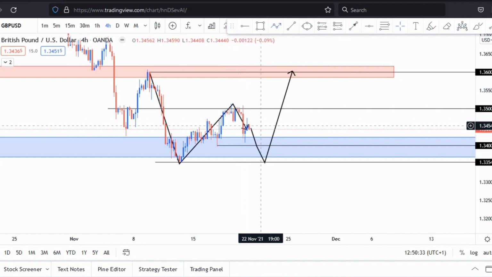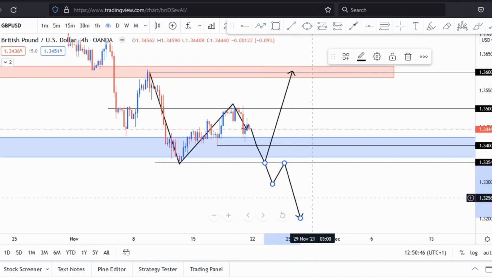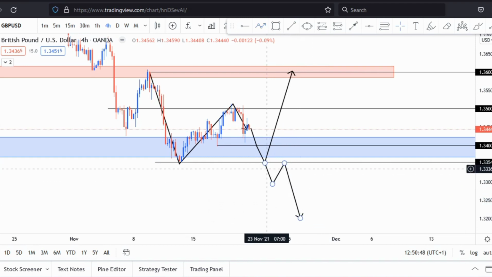All right, now if price manages to break this 1.335 level, then we should be expecting that price will continue all the way to the downside, maybe a retest, and then we'll continue all the way to the downside if that happens. Okay, which for me, it's not really what I'm looking at.